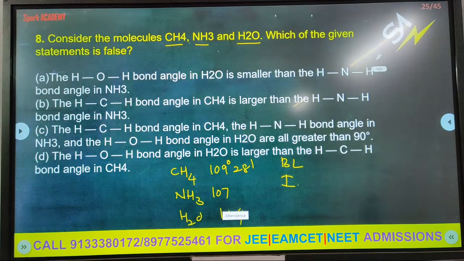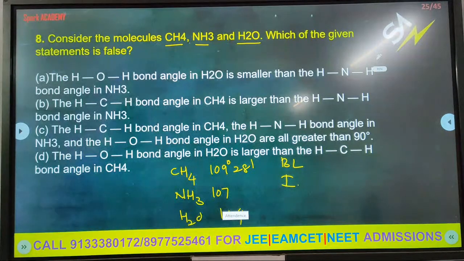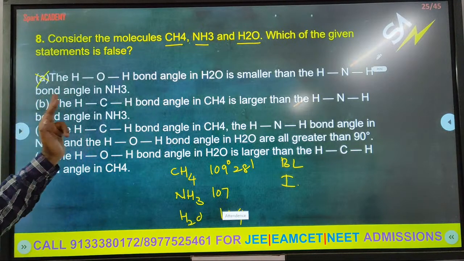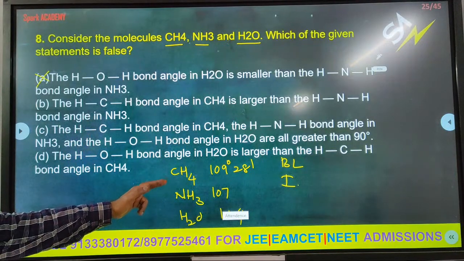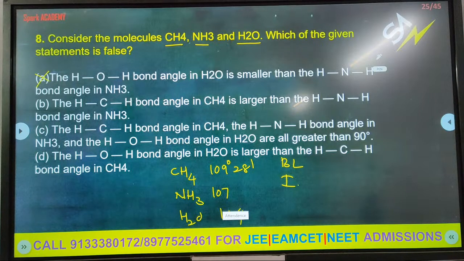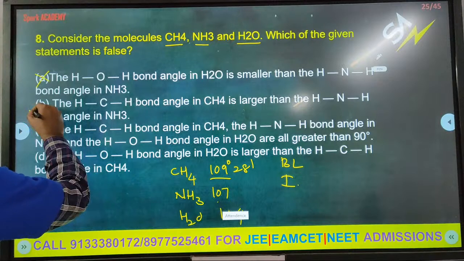The HOH bond angle in H2O is smaller than the HNH bond angle in NH3. HOH means the water molecule, which has the least bond angle, so its bond length is high. So the HOH bond angle is smaller, correct. The HCH bond angle is larger, correct.